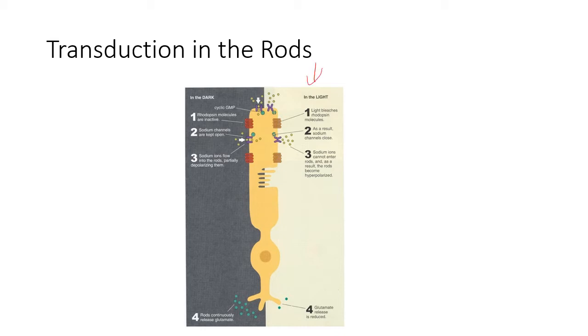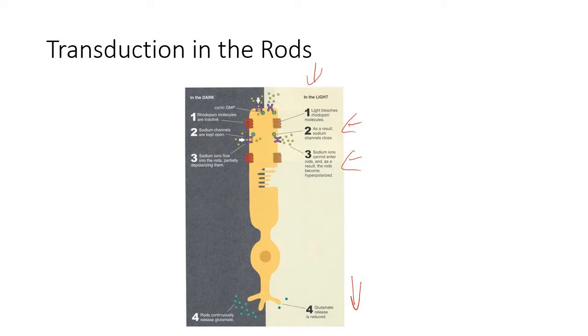Because it's active, it closes the sodium channels. Because the sodium channels close, ions can't enter, and the rod becomes hyperpolarized, glutamate release is reduced, and it tells the brain that light is present.